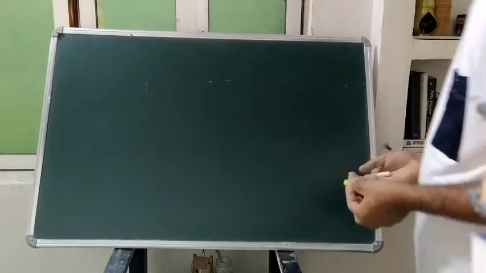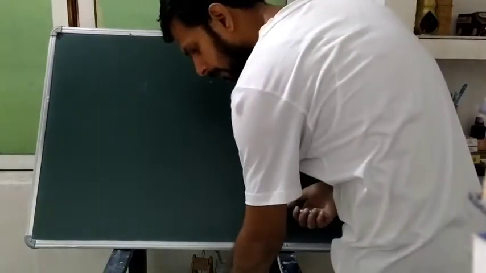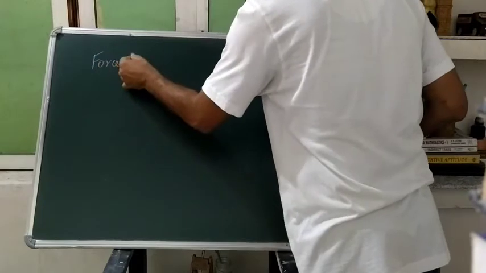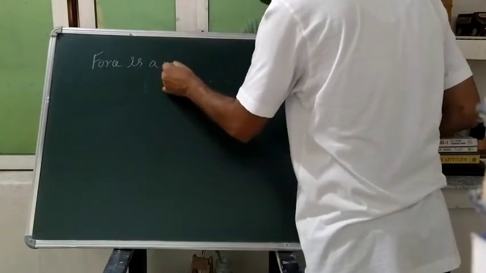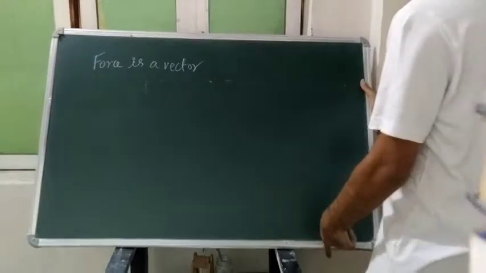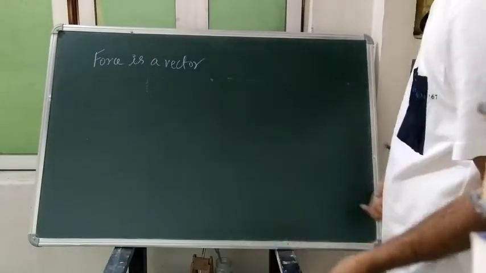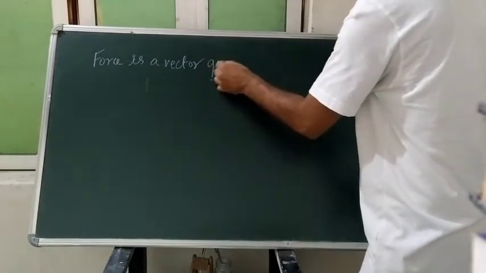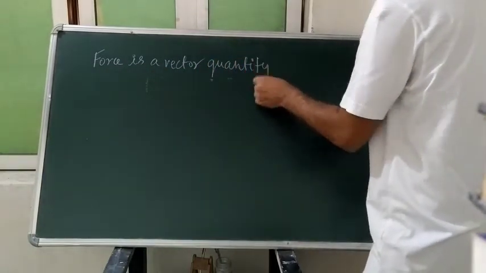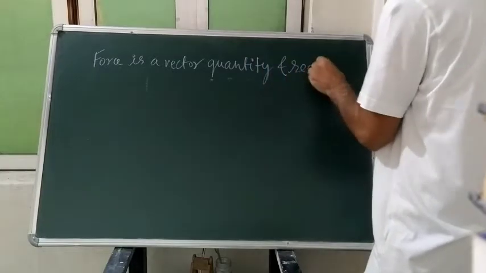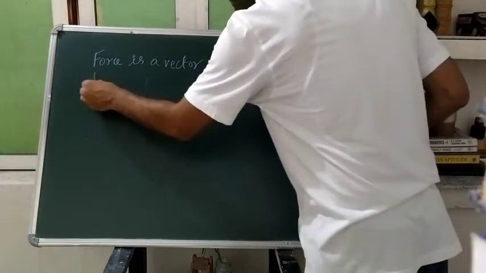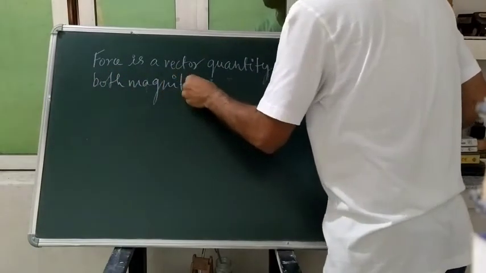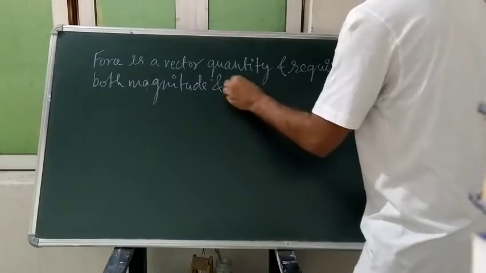And the next thing you will keep in your mind is that force is a vector quantity. You may have heard about scalar and vector quantities in your 9th class. Force is a vector quantity and requires both magnitude and direction.